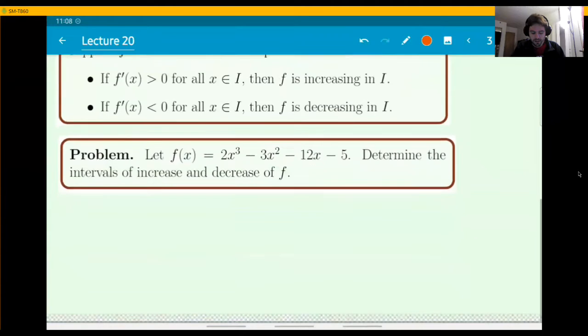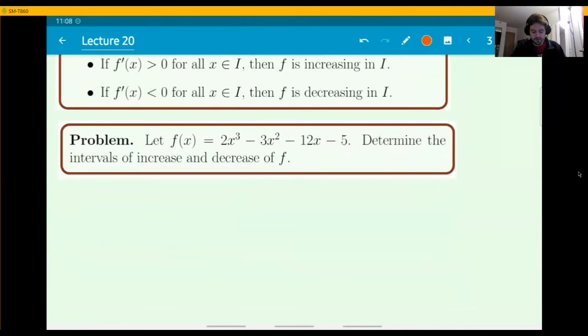So that's the problem here. It's a very simple one. I give you a function. It's a cubic polynomial. Determine the intervals of increase and decrease. So we all know the cubic polynomials usually look like this, or maybe like this. They can have these two critical points. Sometimes they don't. Sometimes it's entirely decreasing or increasing.